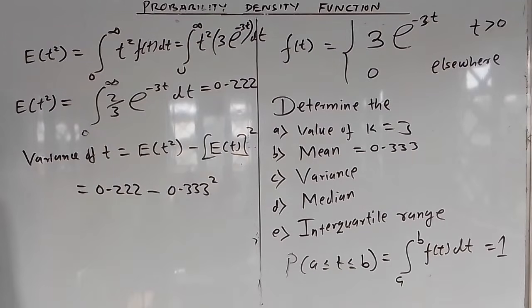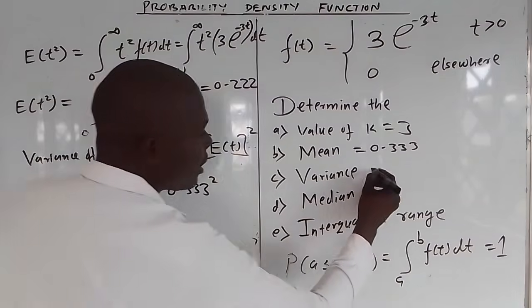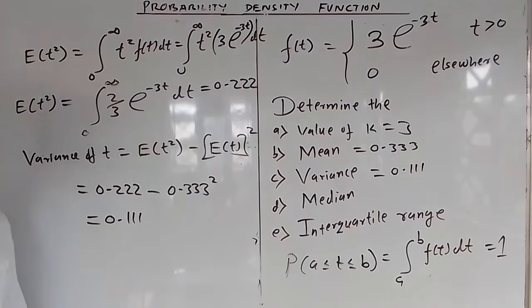What do you get to be the variance? 0.222 minus 0.333 squared, so you get 0.111. So the variance is 0.111. If you wanted the standard deviation, you simply look for the square root of the variance. Let's now get the median.